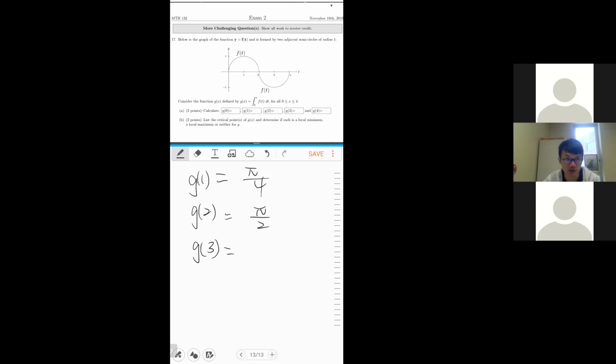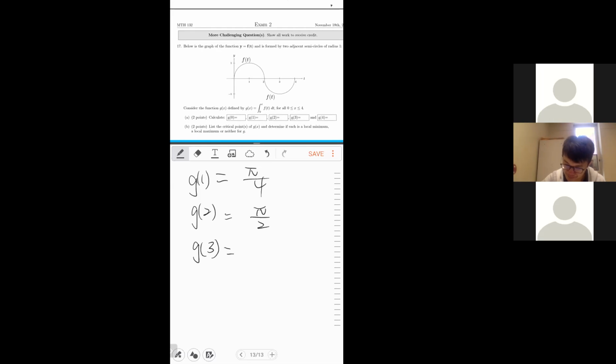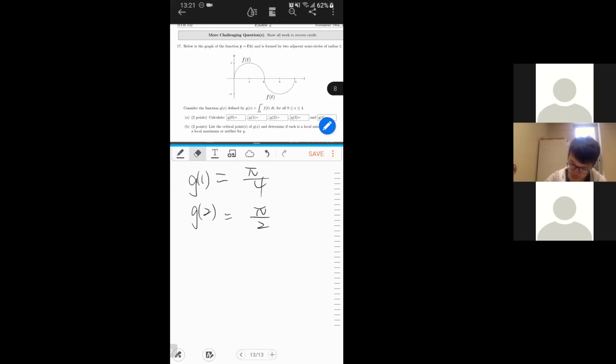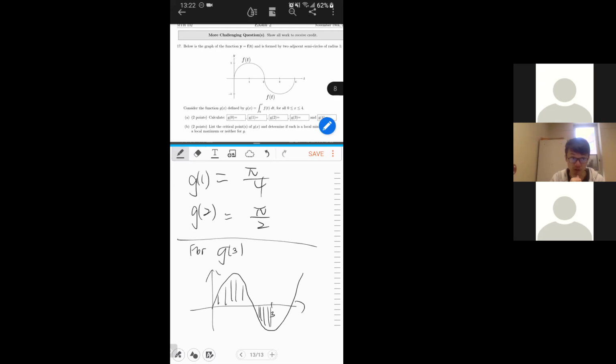So you get the first semicircle, and then you also get a quarter circle below the x-axis. So for g of 3, you have two pieces. One is above x, one is below x.